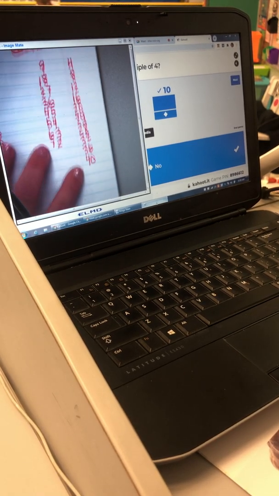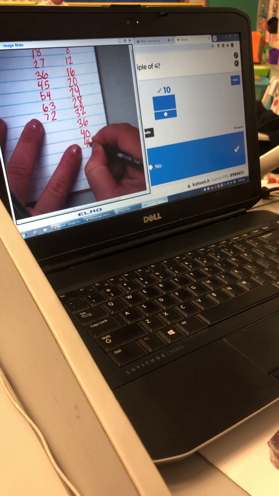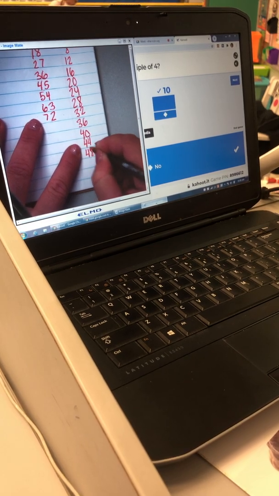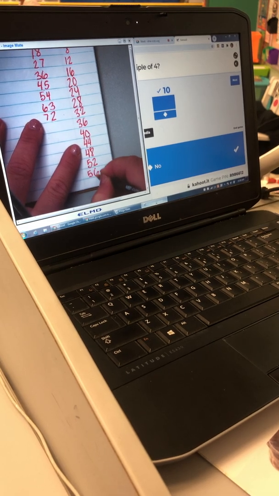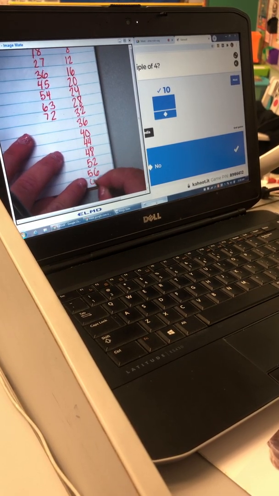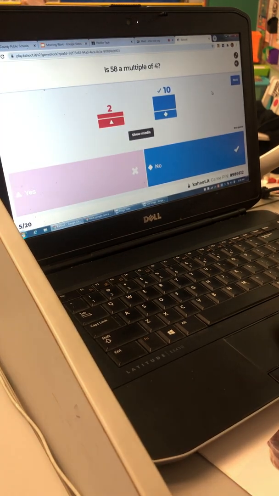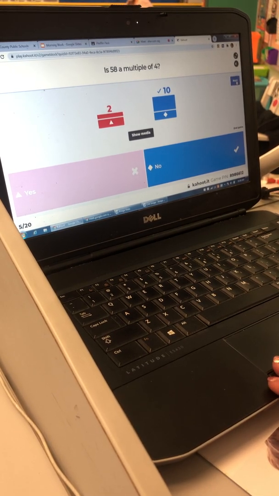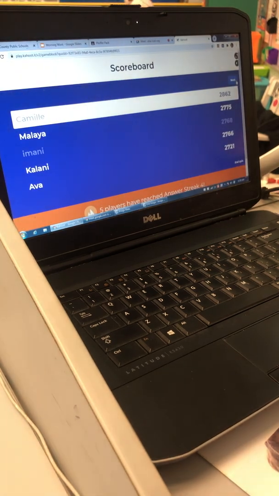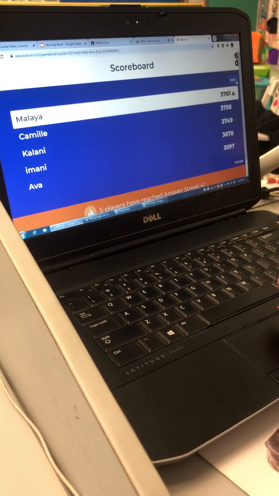We've got to keep going. 44, 48, 52, 56, 60. So, is 58 a multiple of 4? The answer is no. All right, next question. Oh, Malaya, bringing it up. She's 3 points ahead.